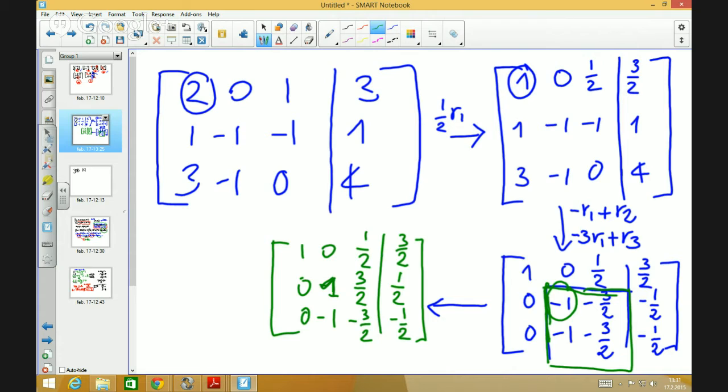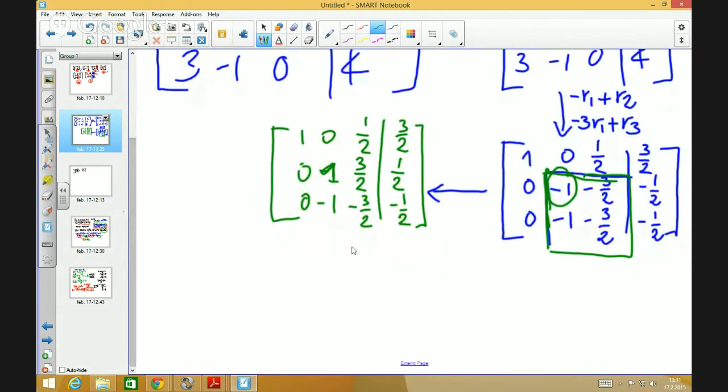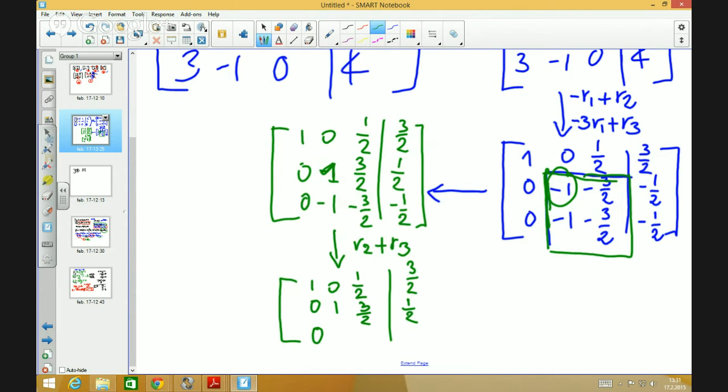Okay, now we want to get the 0 under the 1 that we just created. But that's easy. We just add. That's why we have machines to do these kind of things. We take R2 plus R3, and we write it instead of R3. So we have 1, 0, 1/2, 3 over 2, 0, 1, 3 over 2, 1/2. And here we have 0, 0, 0, 0.